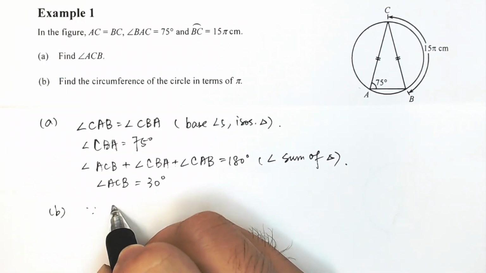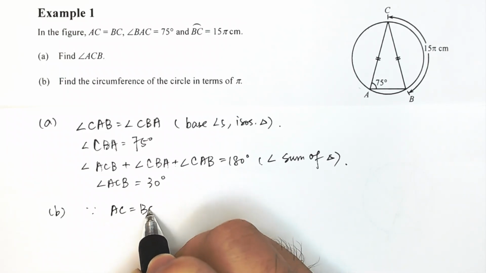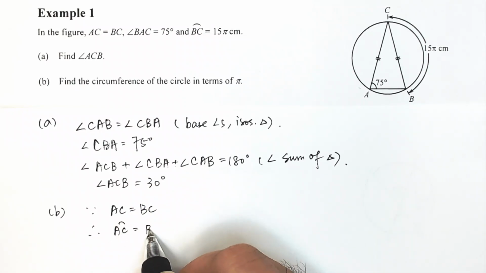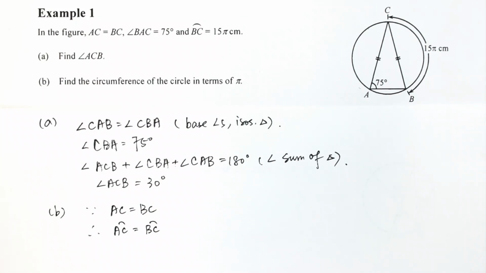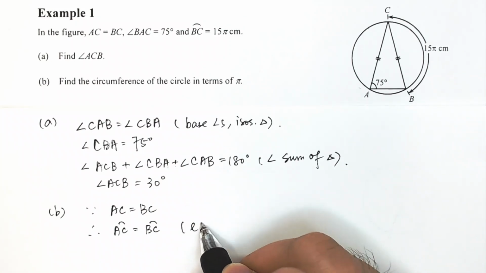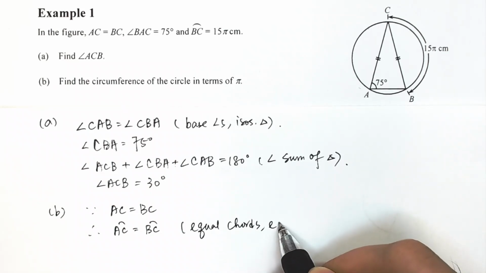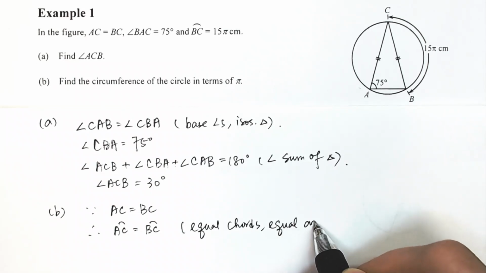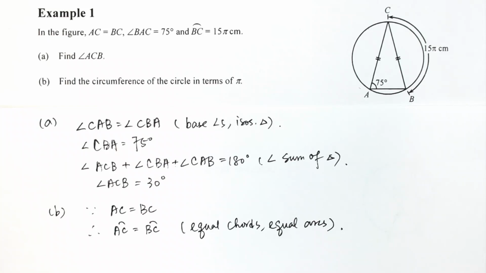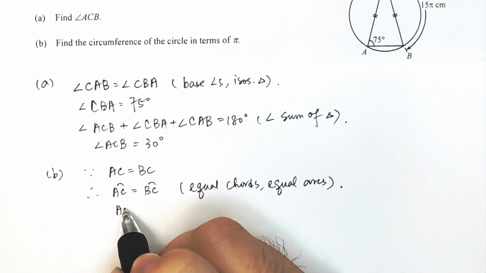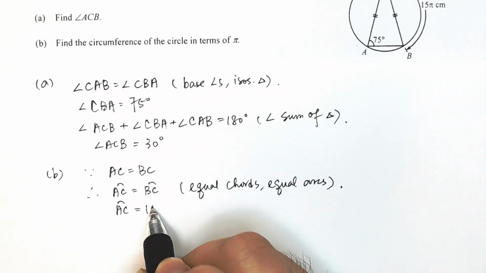Since AC is equal to BC, so we have the arc length of AC is equal to the arc length of BC. It is equal chord, equal arc. And thus the arc length of AC is 15 pi cm.